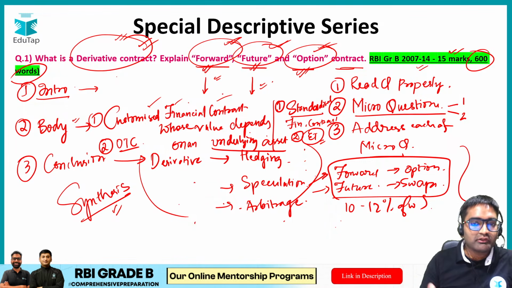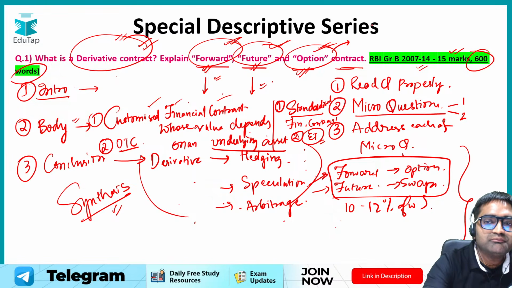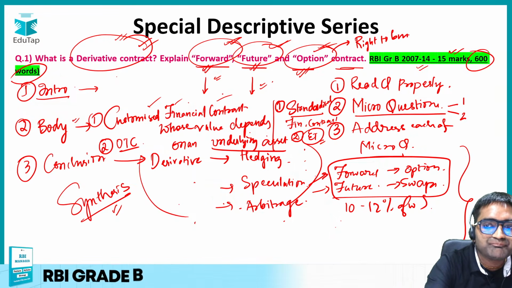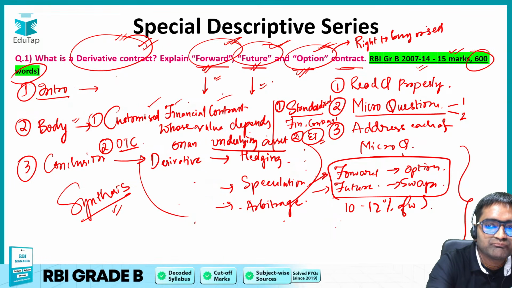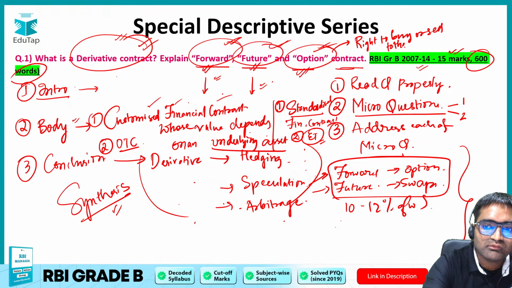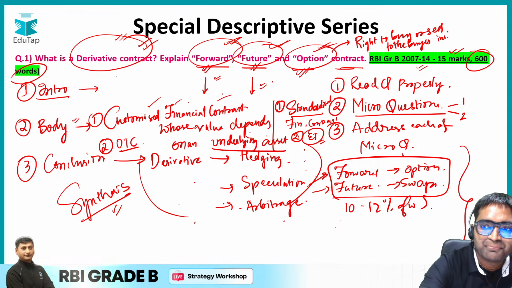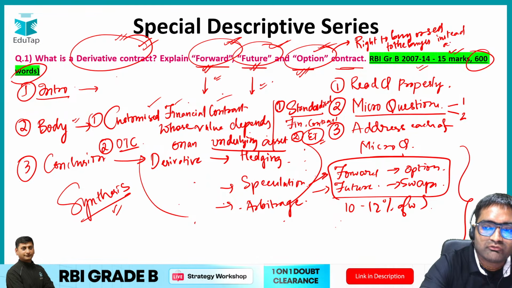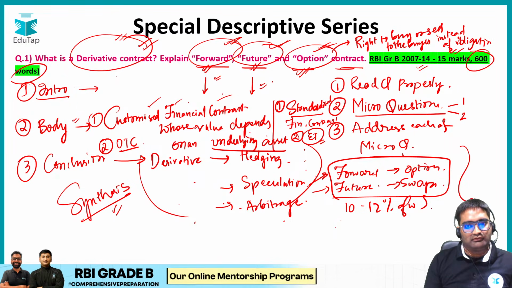Now what about an option? An option provides a right to buy or sell to the buyer of the option instead of an obligation. So this is how you can answer this particular question.